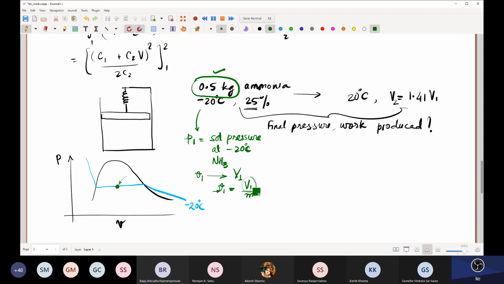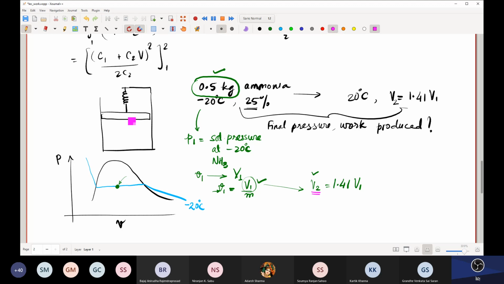Does that make sense? So at the end of this, we would have determined what V1 would be. And because we would know V1, we know that V2 is simply 1.41 times V1. So we would have determined precisely the value of V2 as well.